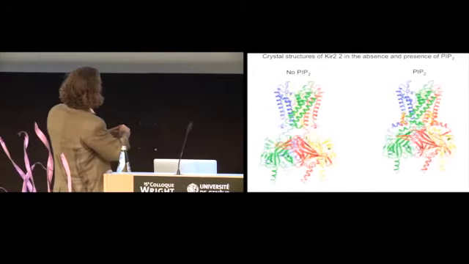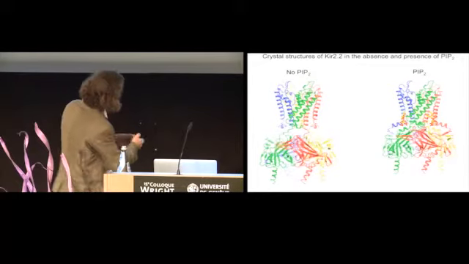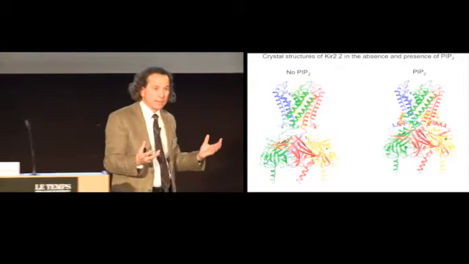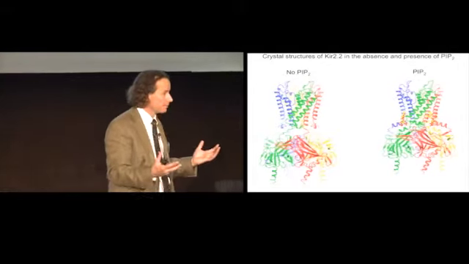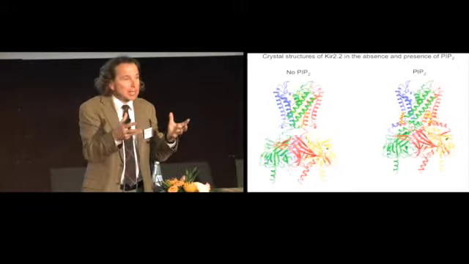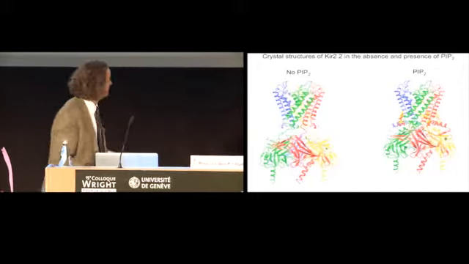So you go from here to here, and arginines come out of the way. So in a sense, this is a very simple thing that's happening. The lipid molecule is binding, changing the shape of the protein, and opening the ion conduction pore. So there we can understand, based on the architecture, how that channel opens and closes.